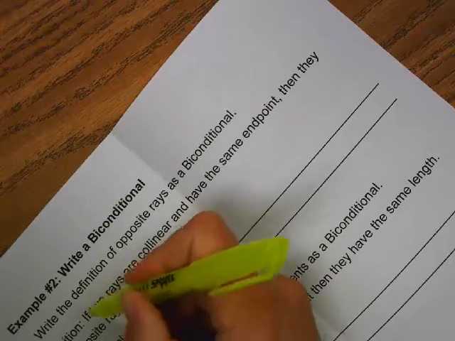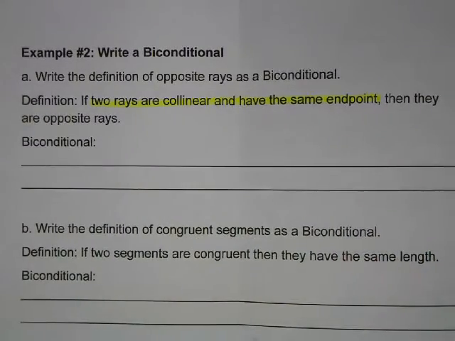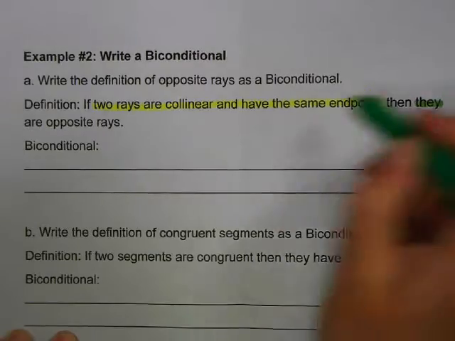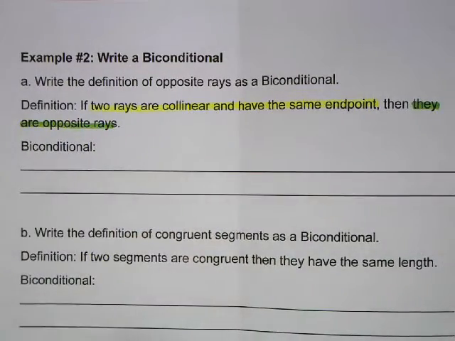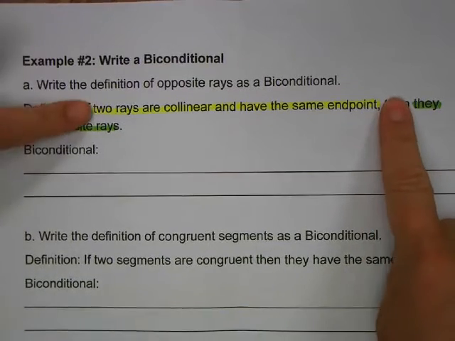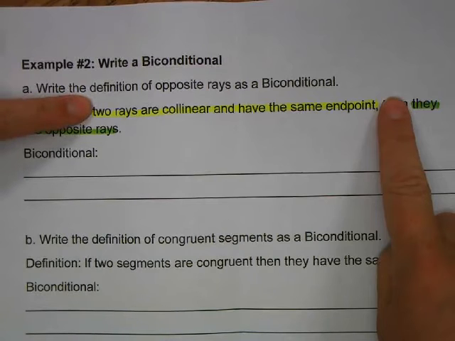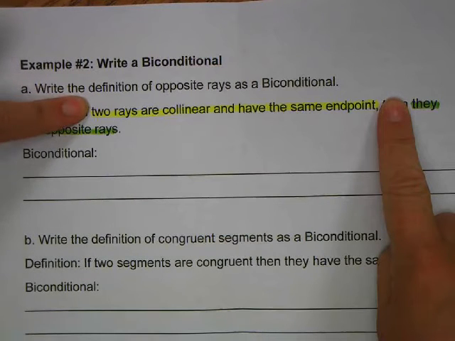So what you're going to do is identify the hypothesis of the definition, identify the conclusion of the definition, and you're going to write them as one statement, but instead of the words if and then, you're basically getting rid of those words if then. You are going to put the words if and only if in the middle. So you're going to say two rays are collinear and have the same endpoint if and only if they are opposite rays.